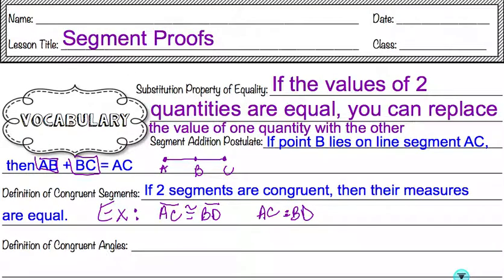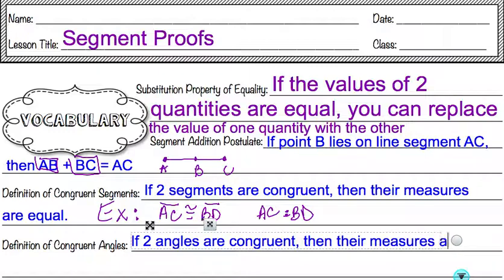Okay, and then the last one is very similar to the definition of congruent segments. Definition of congruent angles states that if two angles are congruent, then their measures are equal. It's the same thing, and I will show you an example of what this looks like.